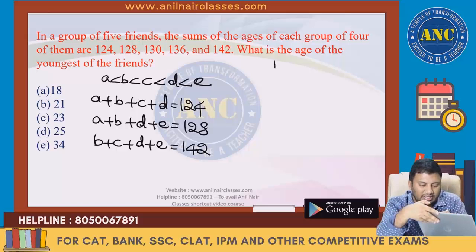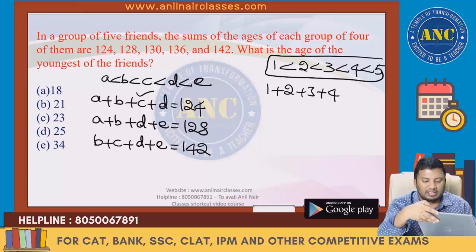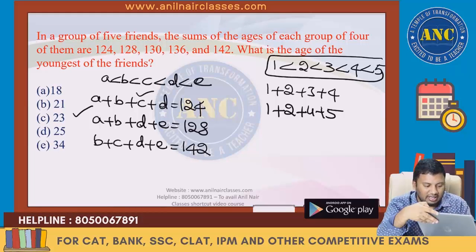Next highest, take this example, sir, so that it will be clear to you. 1 less than 2 less than 3 less than 4 less than 5. The lowest is 1 plus 2 plus 3 plus 4, which is A plus B plus C plus D. The next lowest is 1 plus 2 plus 4 plus 5, A plus B plus D plus E. Next is 2, 3, 4, 5, which is 142 here.